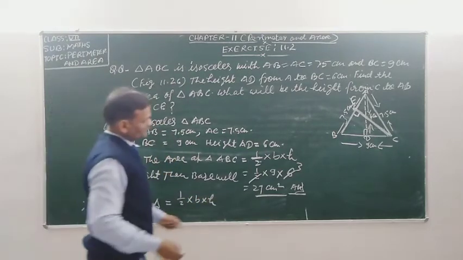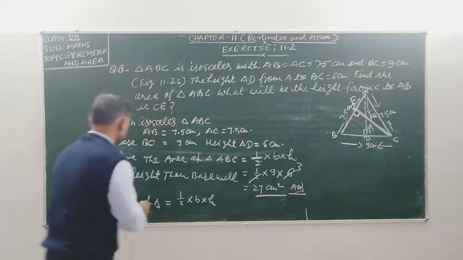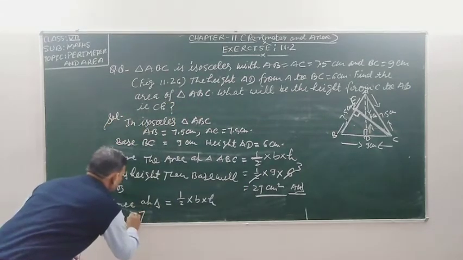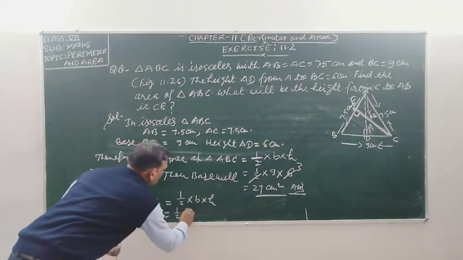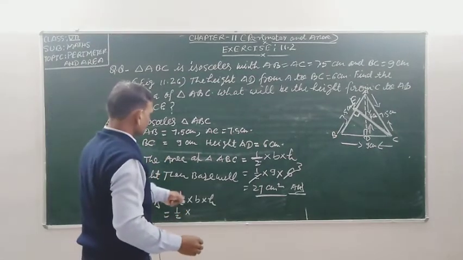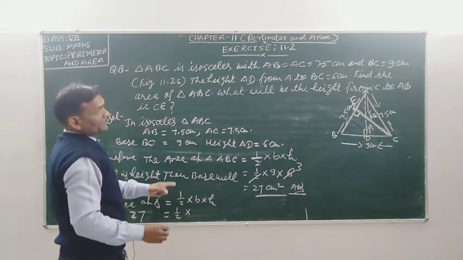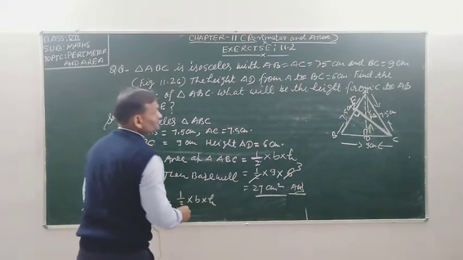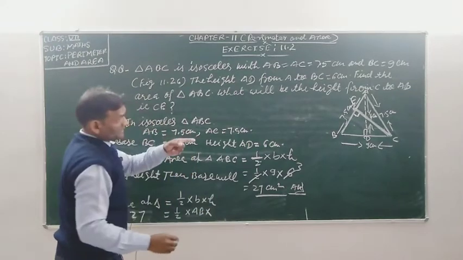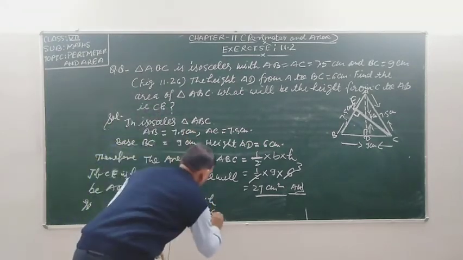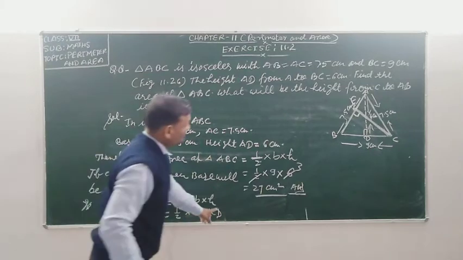Area of triangle you have already found out, student, 27 centimeter square. 27 is equal to 1/2 into base. In the place of B you can write AB, into height. In the place of height you can write CE, and we need to find out the length of CE.